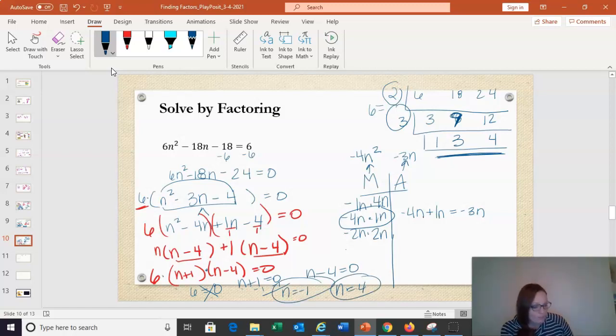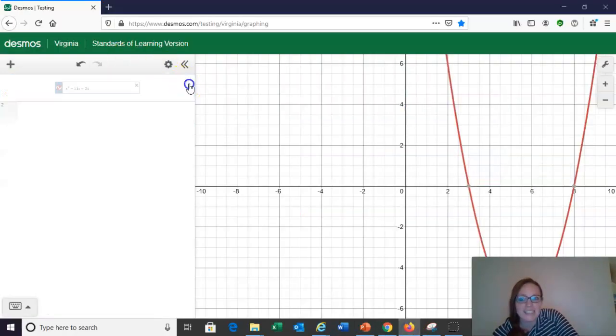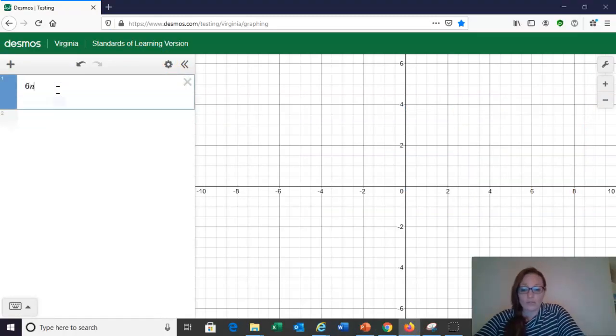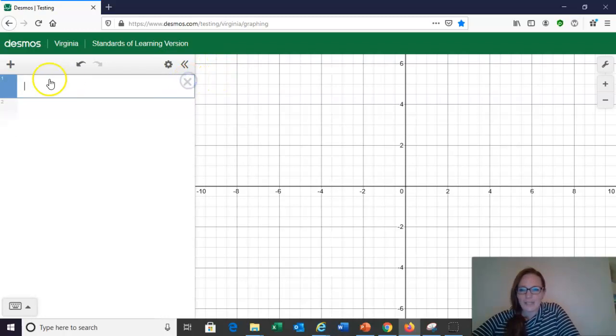I'm going to write this problem down and take it to the calculator. Let's take it to the calculator, folks. And I'm actually going to put this one in exactly how it was given to show you can also do that. And let me do it properly. There we go. 6n squared. Why did it give me that slider? I don't want a slider.